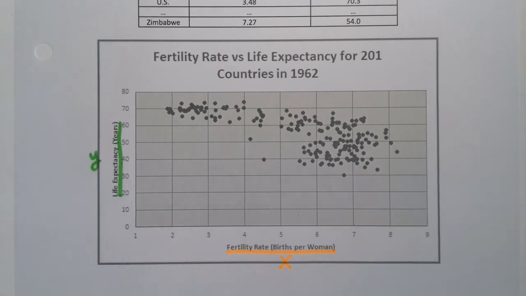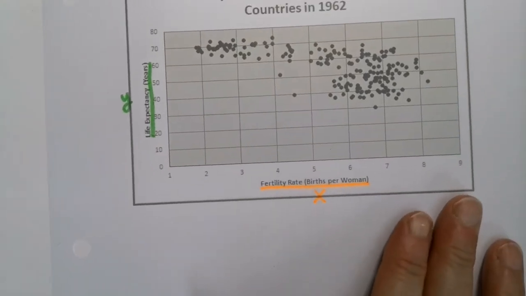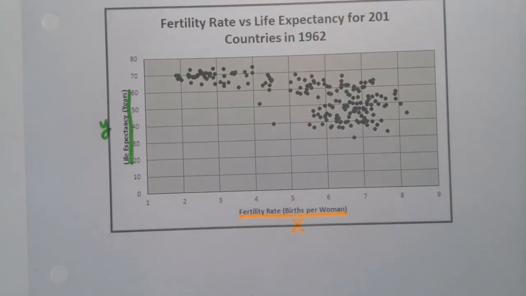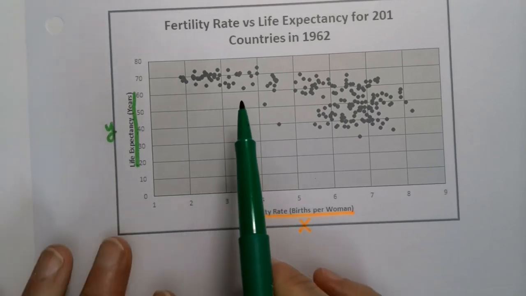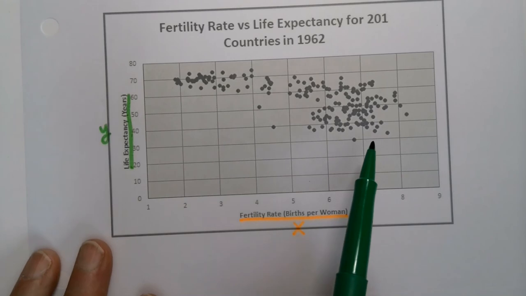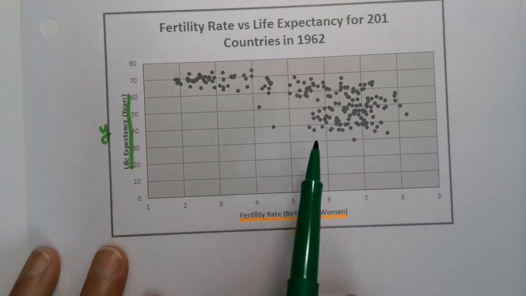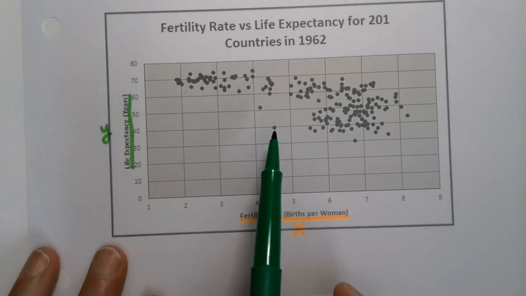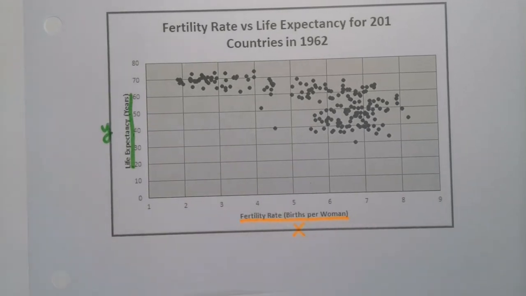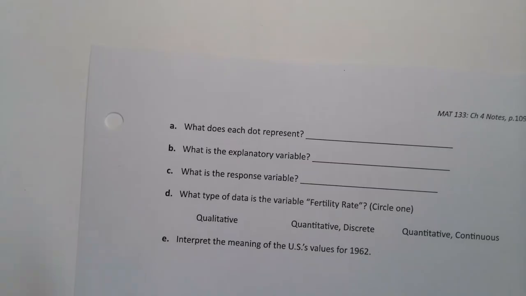So the first of which is, what do each of these dots represent? So before I even go to that page, each of these dots is a country, in 1962. So there's a country and a country and a country, and each of these dots represents that fertility rate and that life expectancy for that country, but the dots themselves are countries. So each dot is a country.